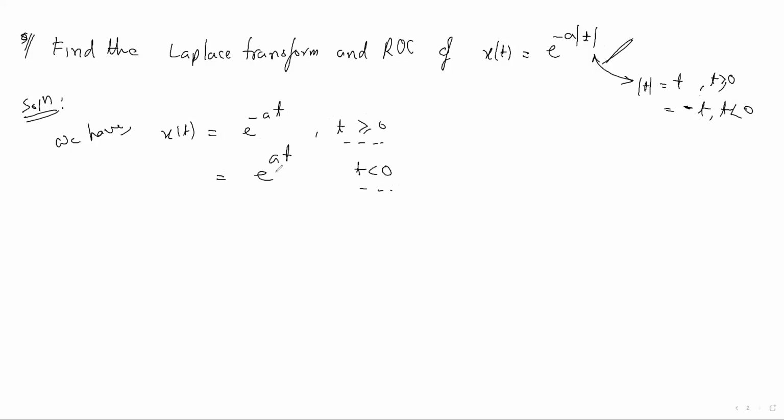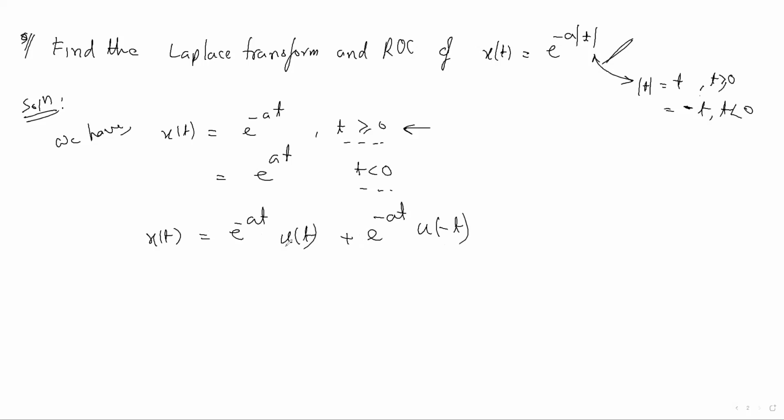Overall, you can write this as e to the power minus a t u of t, plus e to the power a t u of minus t.